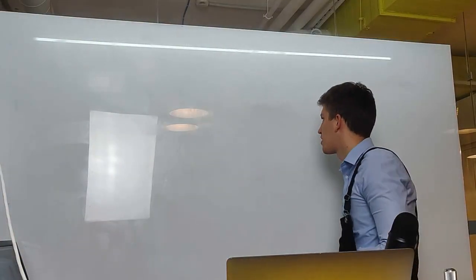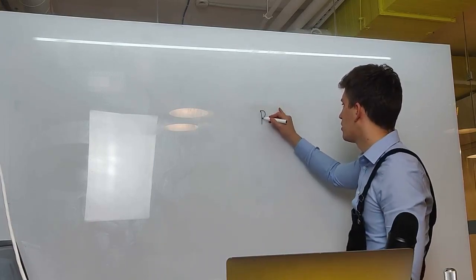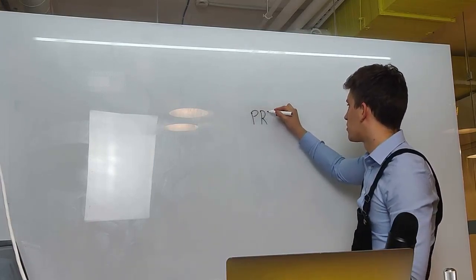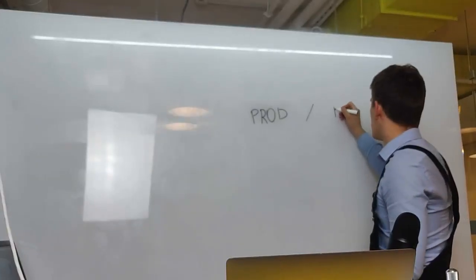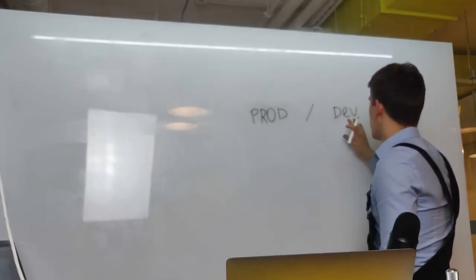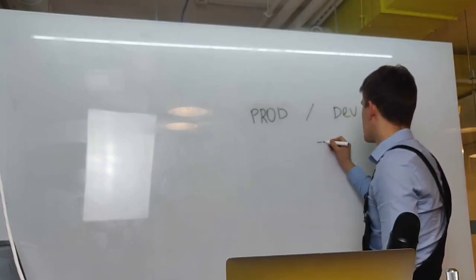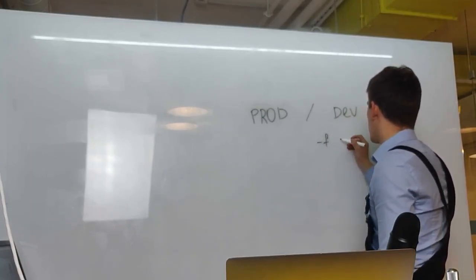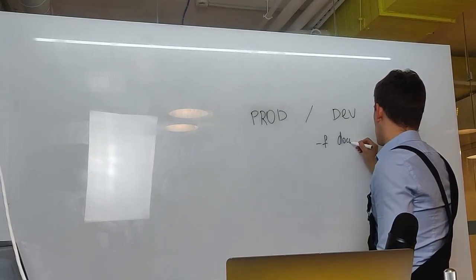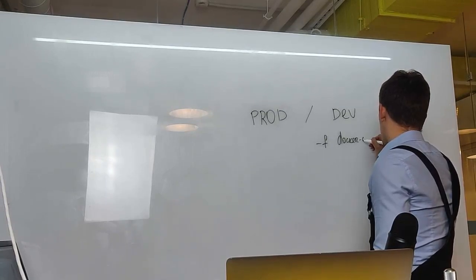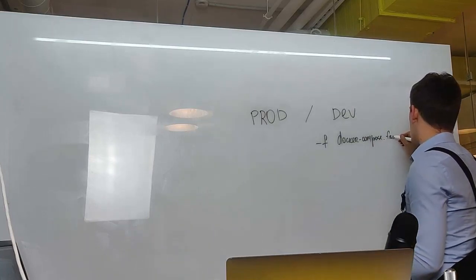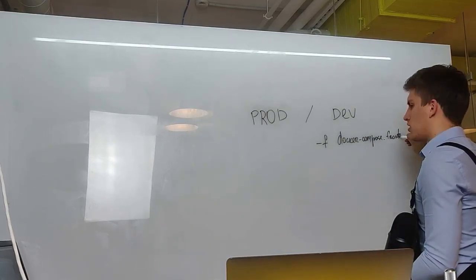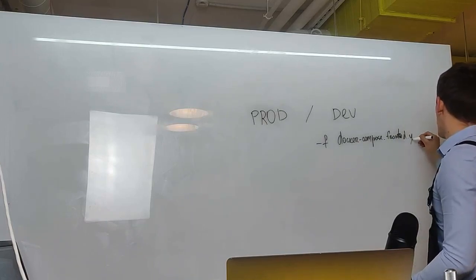Well, here we have the production. Let's call it production, and let's call it development. So in development mode, you will have an additional flag called -f docker-compose.frontend.yaml.